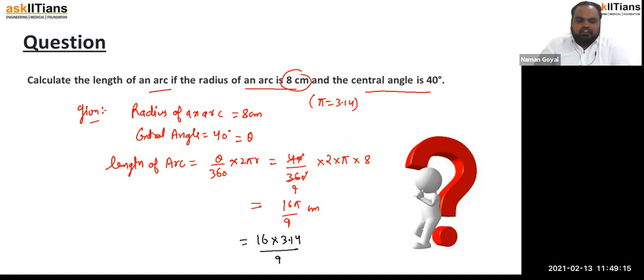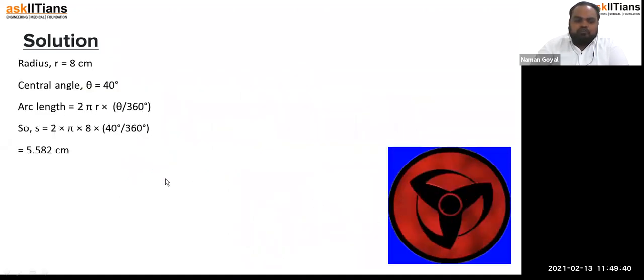If you solve 16 into 3.14, you will get 50.24 upon 9. If you divide 50.24 by 9, you will get 5.58 something. So 5.58 centimeter. You can write 5.582 also.